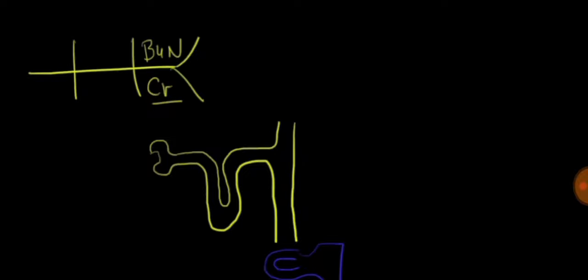Okay, and you've got the afferent and the efferent arteriole. And remember what we said about the BUN. BUN is the blood urea nitrogen. It goes through and also gets reabsorbed. Okay, so that's BUN.